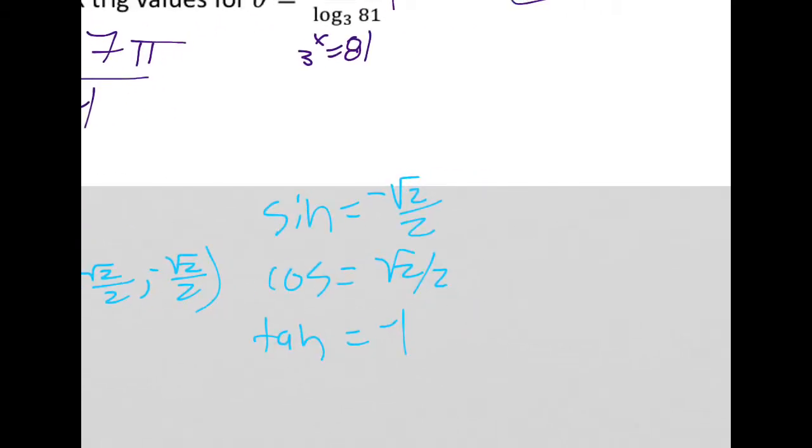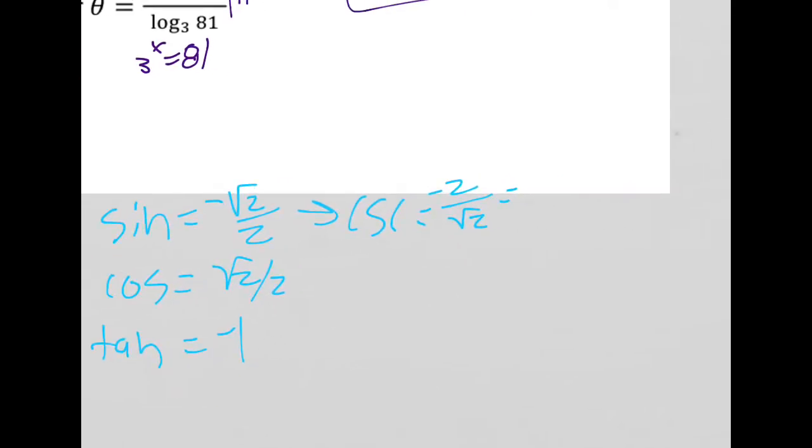All right, reciprocals. Well, the reciprocal of negative root 2 over 2. So again, the cosecant is going to be negative 2 over root 2. But if you rationalize this, you're going to get negative 2 root 2 over 2, which is just negative 2.